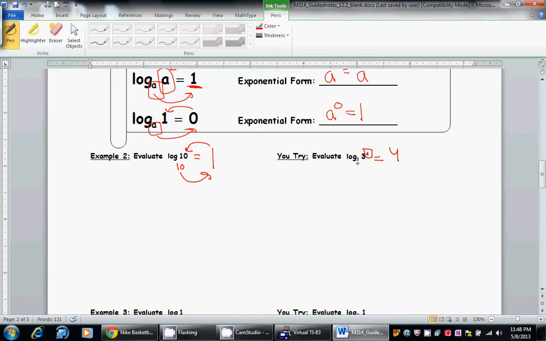Because if you convert this to exponential form, right, 3 to the 4th power should equal, well, what are we taking the log of? Well, 3 to the 4th power, right? That makes sense. Okay, so the answer for that one is just 4.